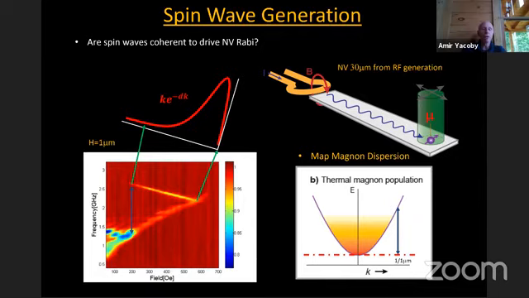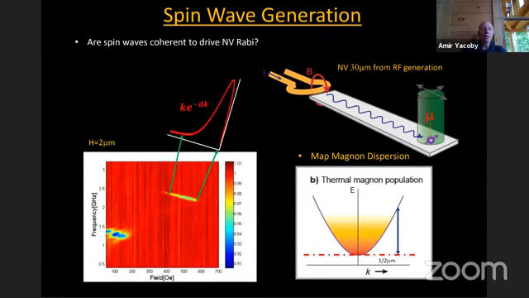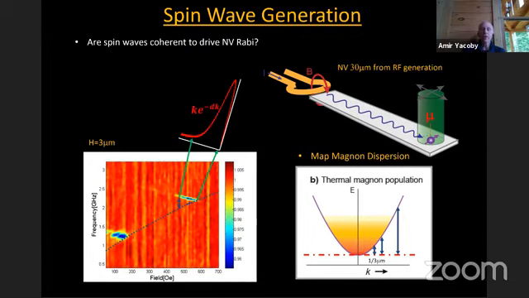If we go to 2 microns, we see that the peak becomes at a smaller value of K. And if we go further, it moves even further. So it's all very consistent with this idea that along this line, we're exciting well-defined energy and momentum, but we're not resolving this specific energy and momentum yet.